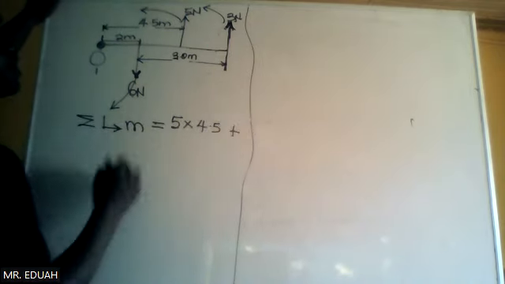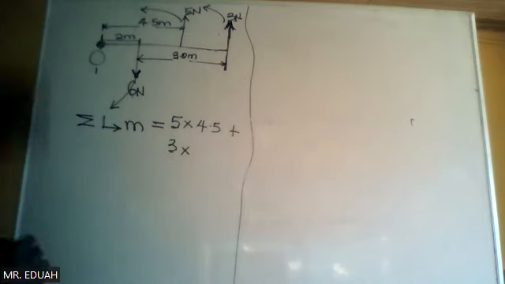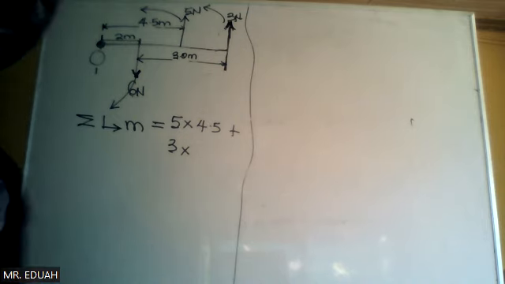Plus 3 times, what is the perpendicular distance from the point O to the 3 Newton force? What's the perpendicular distance?